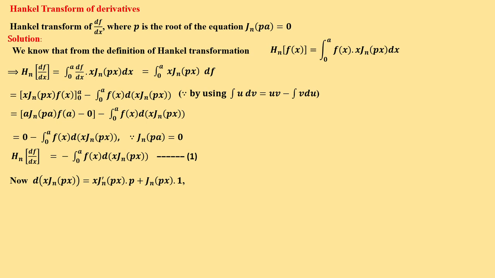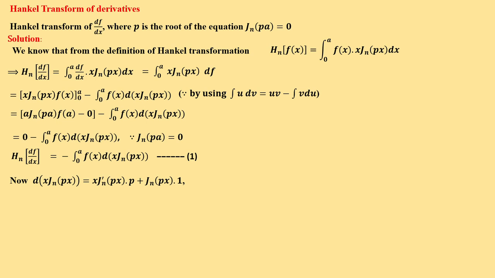Now considering the derivative of x into Jn of px, we use the d of uv formula, which is equal to u dv plus v du. Here u is x and v is Jn of px.